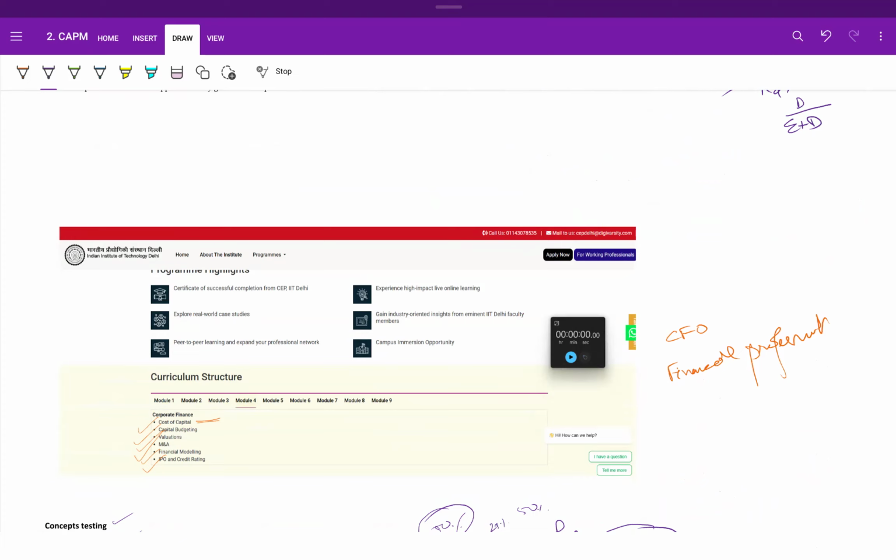Even after 20 years of experience, that's the eligibility to enroll into these kinds of programs: 15 years, more than 15 years in a senior position, then only you will be able to enroll yourself for these exams. But understand this thing, these are the basic elements of corporate finance, and you need to understand these concepts crystal clear so that you can apply them later on in your life.